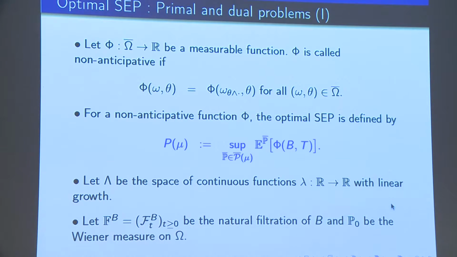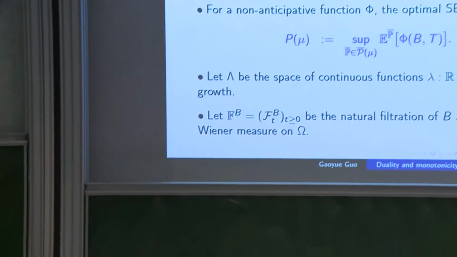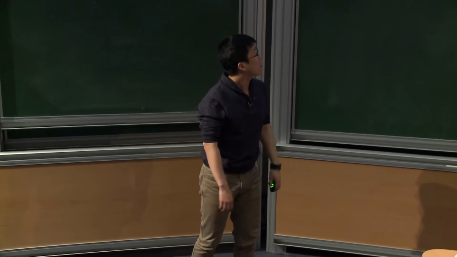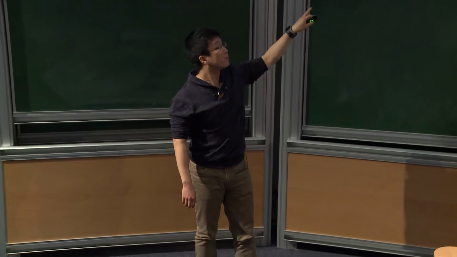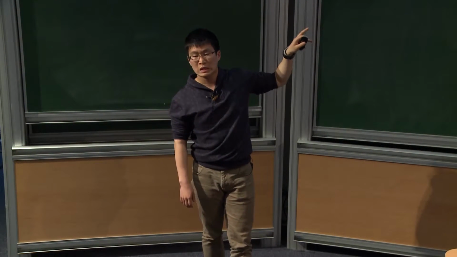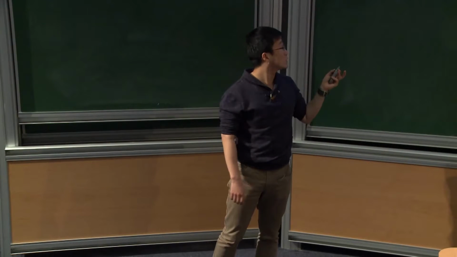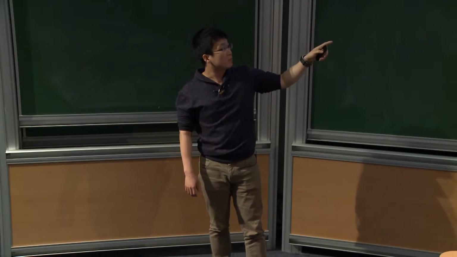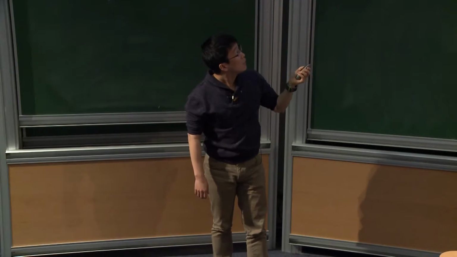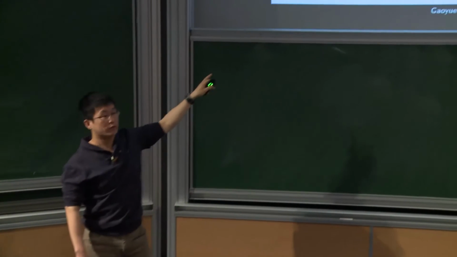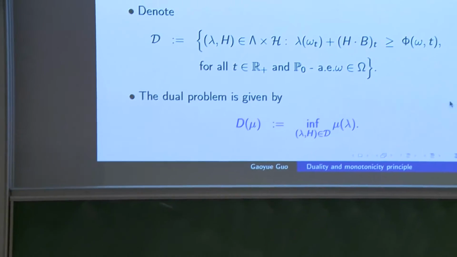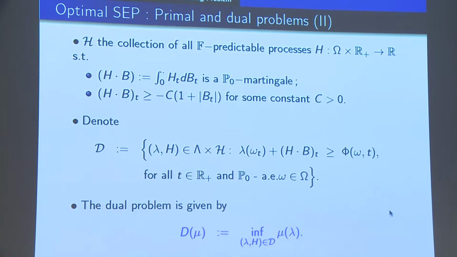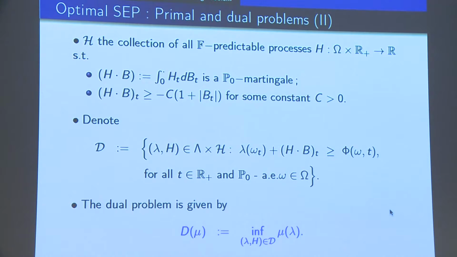So to do this, we first introduce a dual formulation and then establish the required duality. So let lambda be the space of continuous functions defined on R with linear growth. And let Fb be the natural filtration of the Brownian motion B, and P0 be the Wiener measure. So the dual problem is defined as follows. Let H be the collection of some suitable processes such that we may define this stochastic integral.